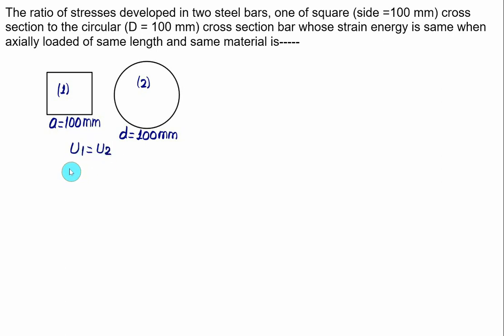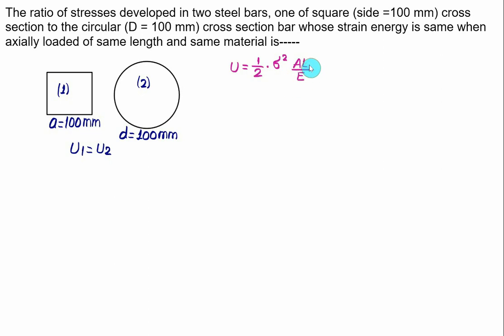Since we are interested in the ratio of their stress, it is better to express the strain energy in the form of stress. So we have strain energy U equal to 1 by 2 multiplied by stress square multiplied by A into L divided by Young's modulus E.